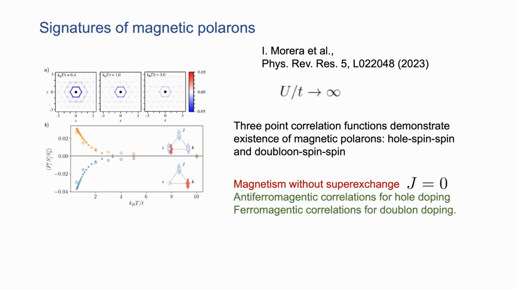Okay, so now what one can do is just, okay, let's study this regime of U equal to infinity, and let's ask indeed what kind of spin correlations will doping introduce. So here what was done by Ivan, so we take this model, in which basically no superexchange, we introduce either a hole or a doublon, and we ask what kind of spin correlations will appear next to this carrier, but we're no longer looking at the spin polarized system.